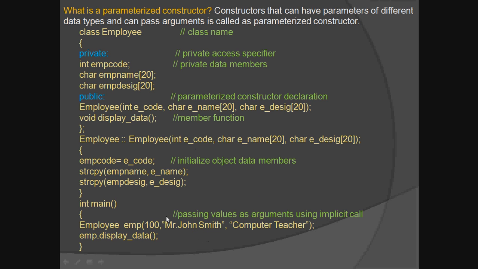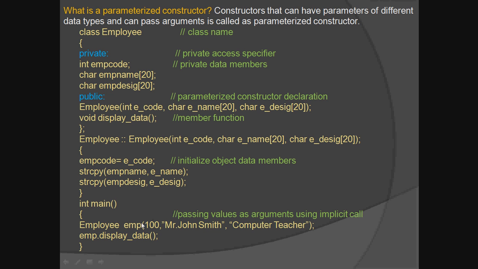So this is invoking the constructor through the object, right? The object is passing the values, that is the arguments, to the constructor. In this case it is passing values as arguments using an implicit call. So implicitly it is passing the value. This implicit call we'll discuss in the next page.